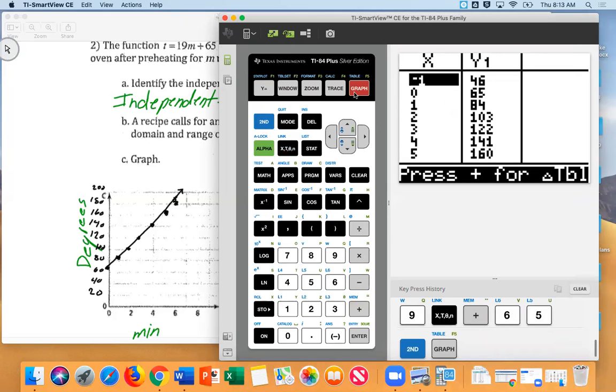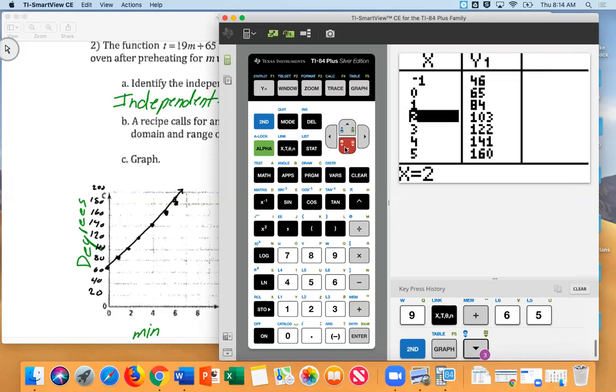Now, which one is talking about temperature? Is it the X column or the Y? So if I'm looking for when Y is 350, I just keep scrolling to when I find Y is 350. So everybody see how I found it? The answer is 15.